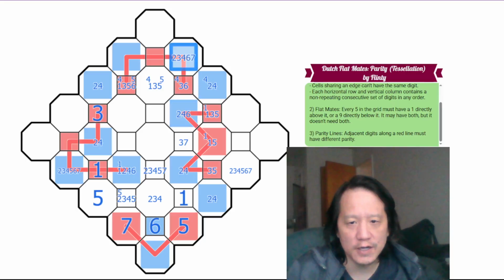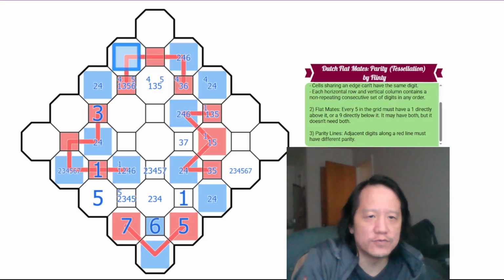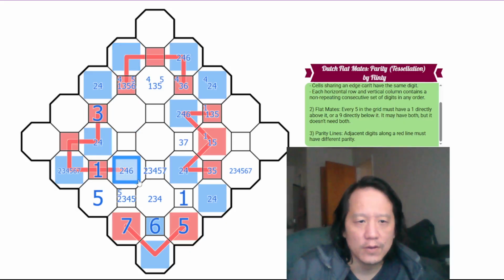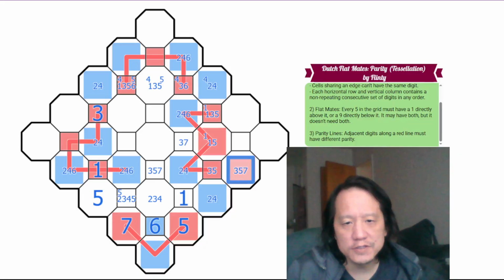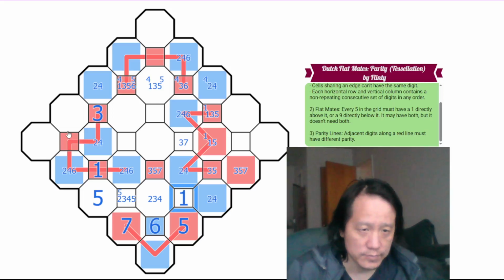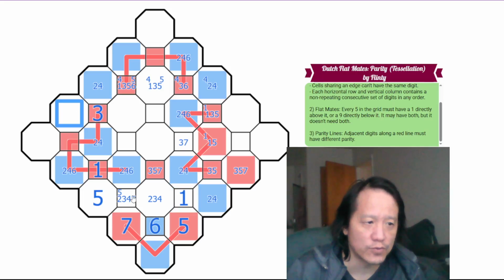So this is not 3 or 7, it's 2, 4, 6. This can't be 1. We have all the evens in row 6 now. So the rest must be odd. So this is odd, this is odd. You cannot have 2, 3, or 4 here.